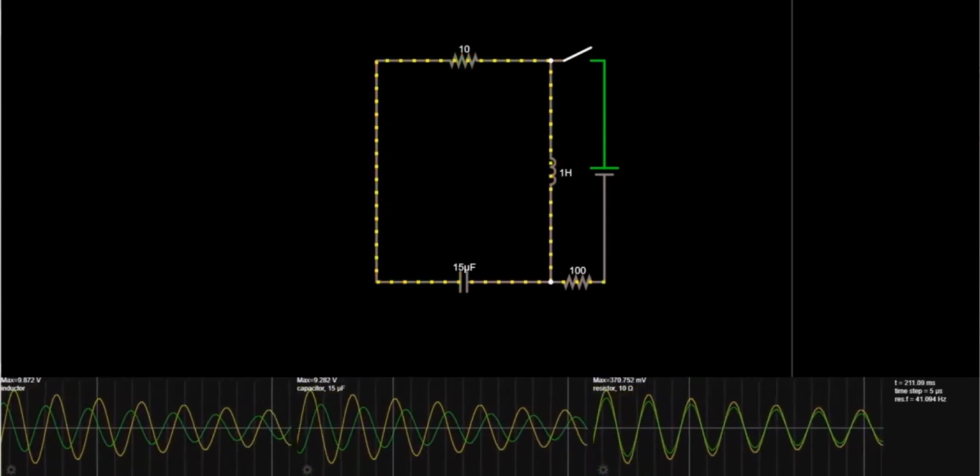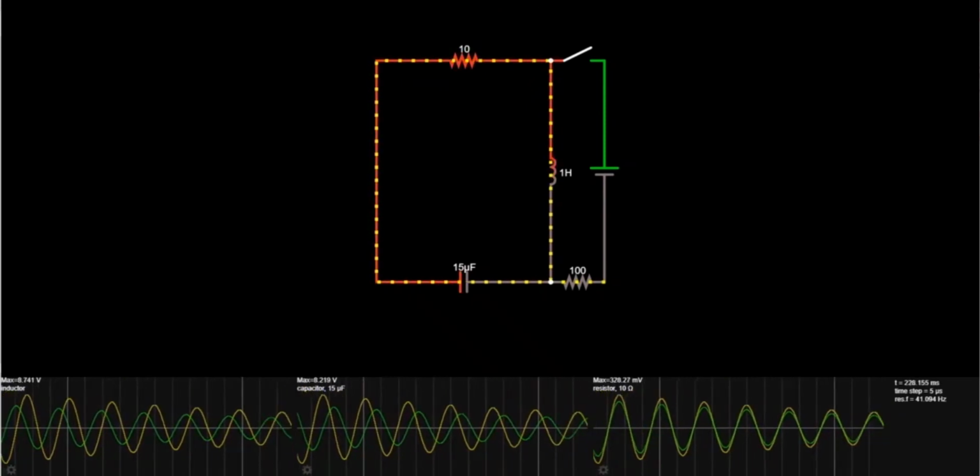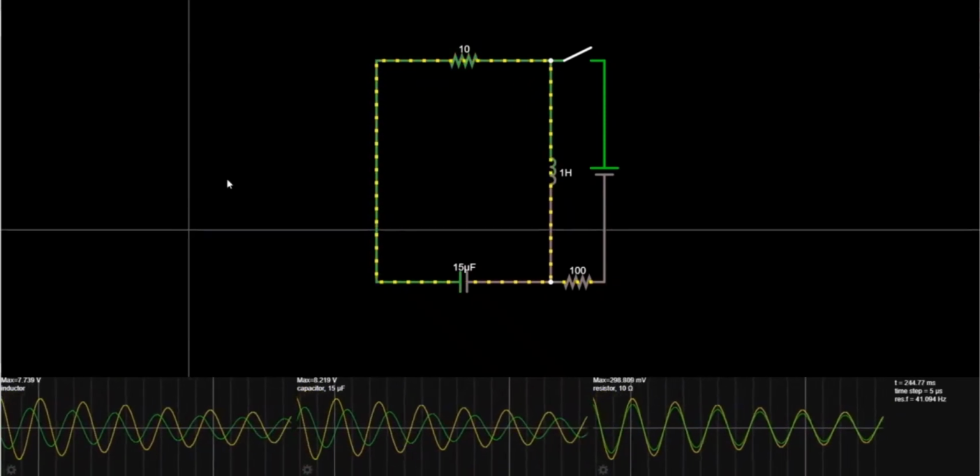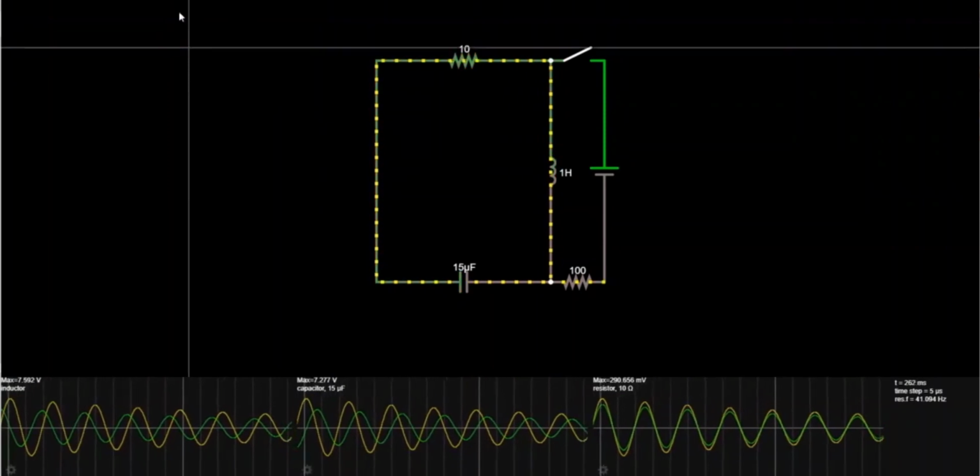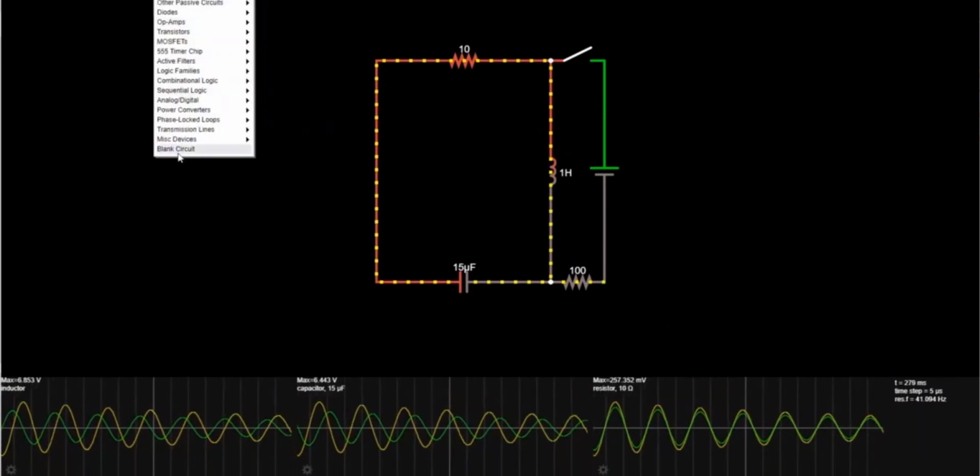All right, so we're in the full screen version of Falstad. We're going to model this circuit. Step number one, circuits, blank circuit. Let's create this RL circuit. And the other thing I like to do, maybe you'd like to do this too, under options, select show cursor crosshairs.